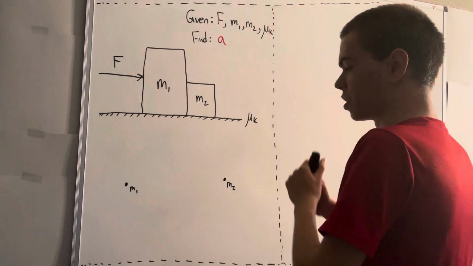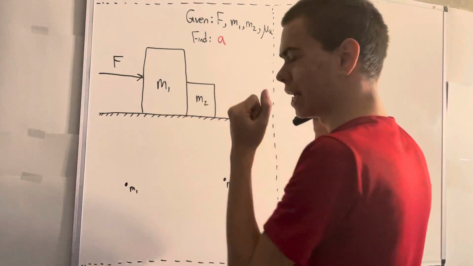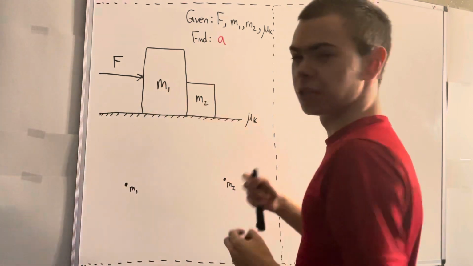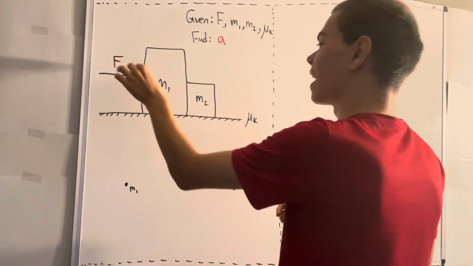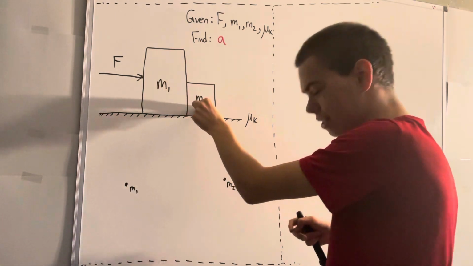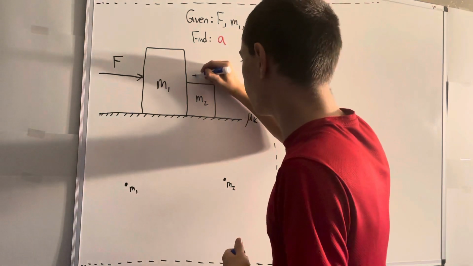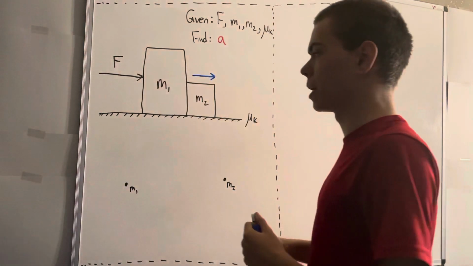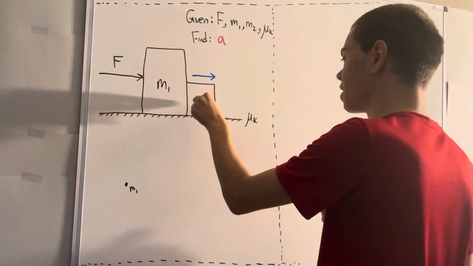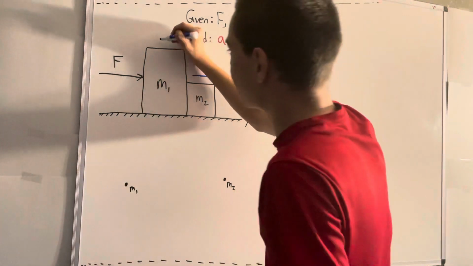The idea is, remember, we're dealing with a case where the two blocks are touching each other. So when this force acts on block 1, block 1 is going to push on block 2 and exert a force on block 2 going that way. Now, if block 1 pushes on block 2, block 2 will push back on block 1 with the same magnitude of force.